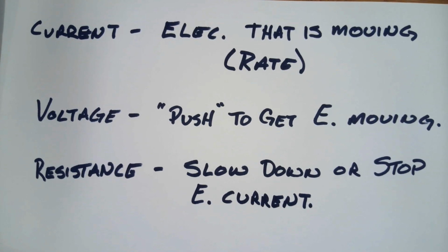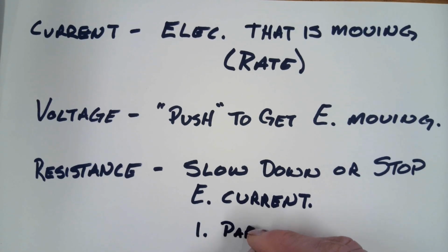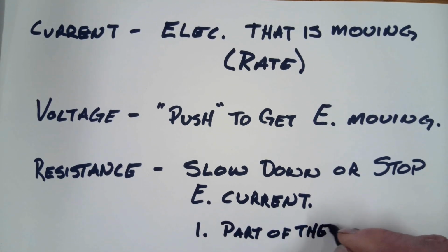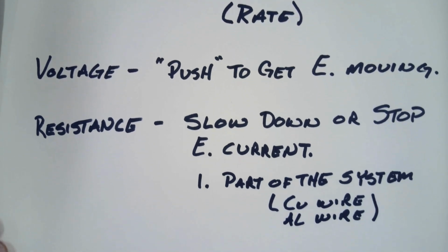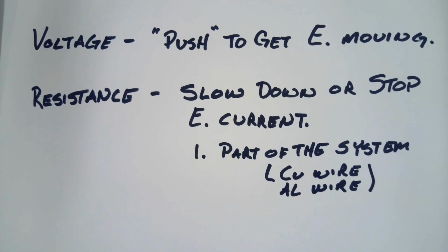Okay, that can be shown as a couple of ways. It can just be part of the system. I've mentioned this before. So it could be copper wire. It could be aluminum wire. Silicon, what computer circuits are made out of, or chips, I should say. That would be a better explanation.